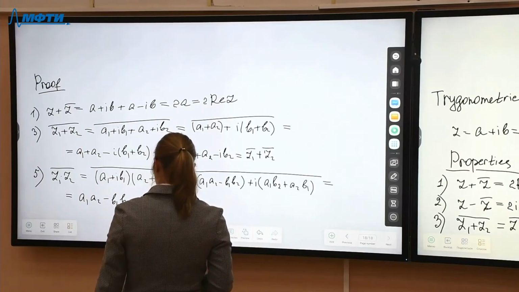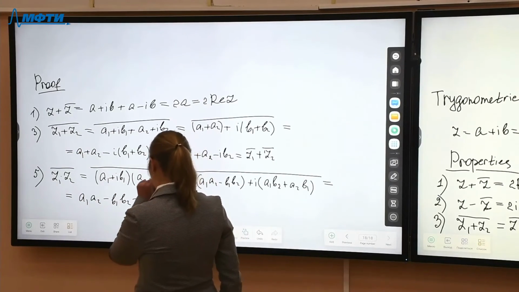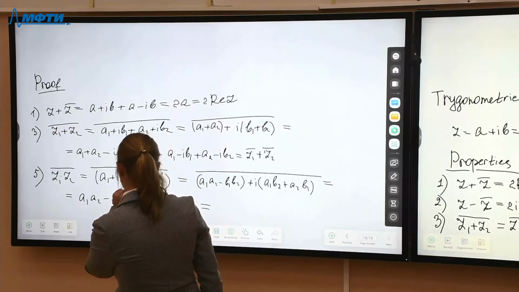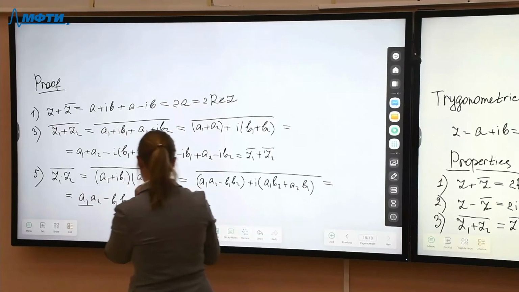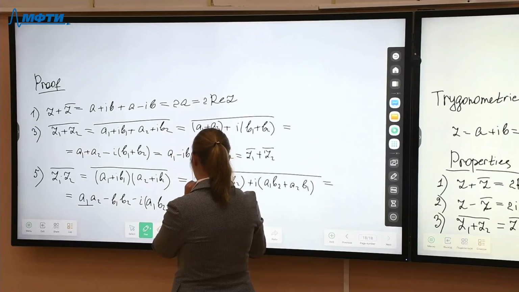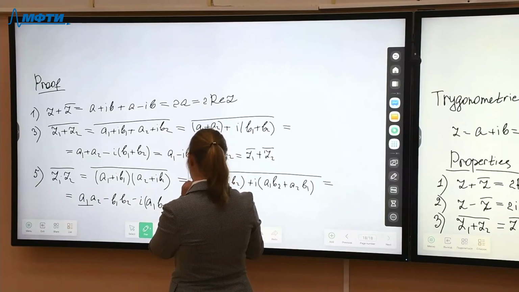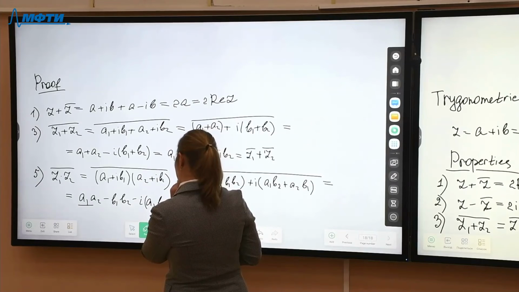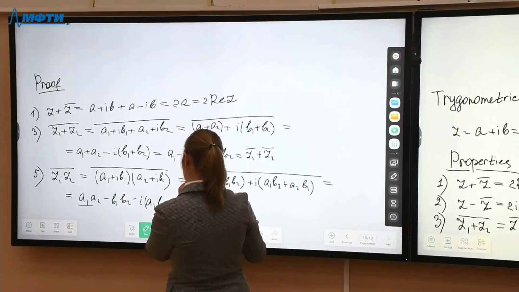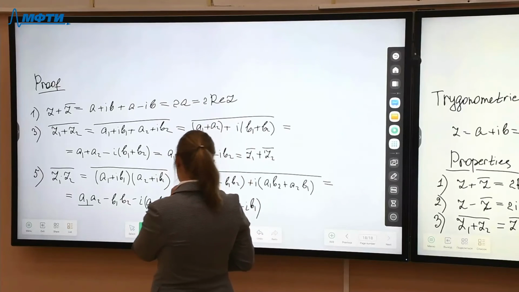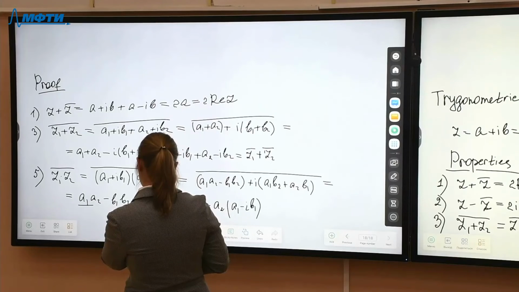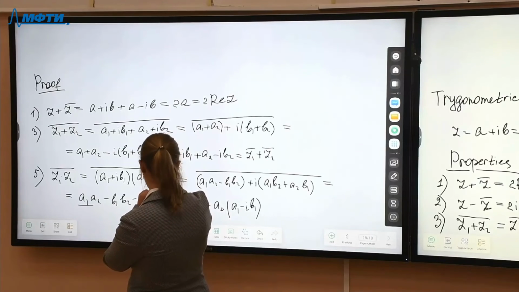Okay. Let's rearrange the terms. I see that from here and here I can take a2 outside, and it will be a1 minus ib1, and from here I can take b2 outside.